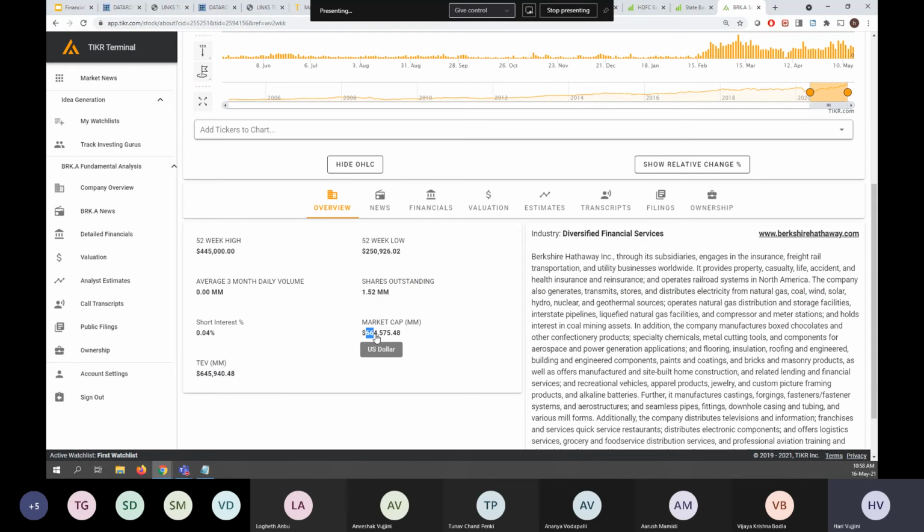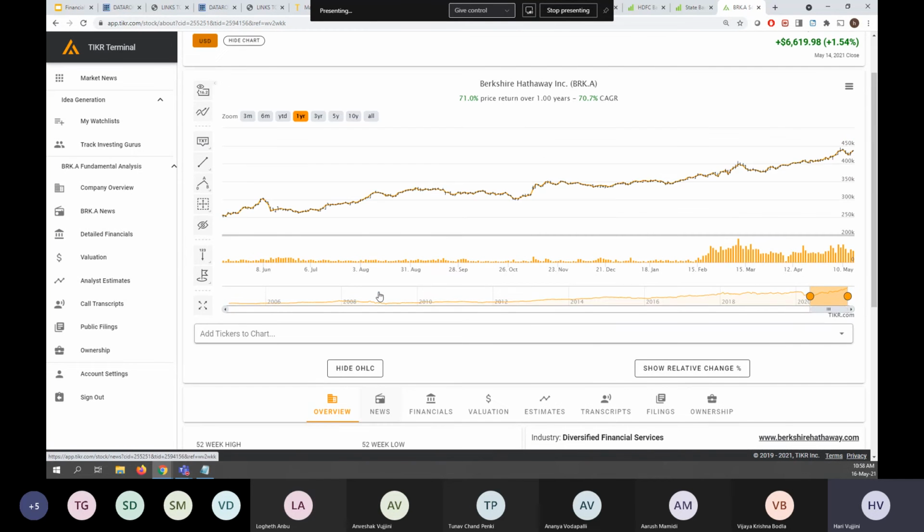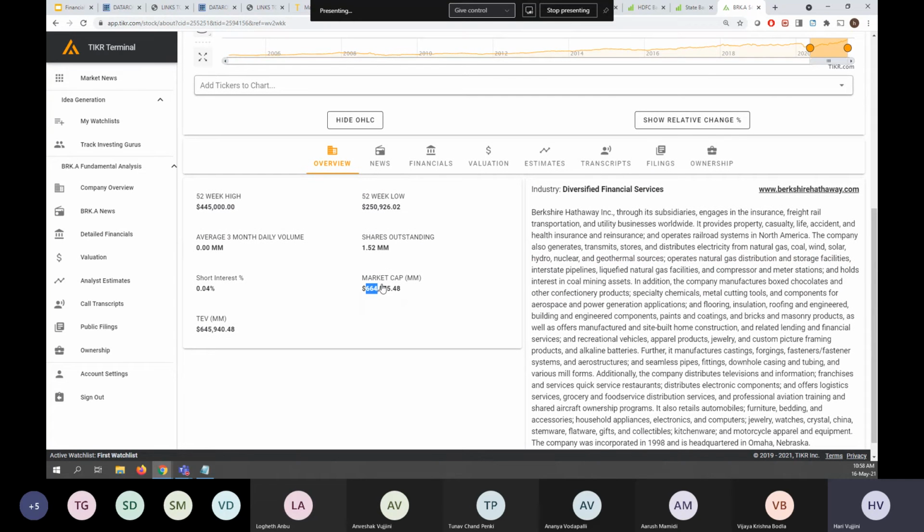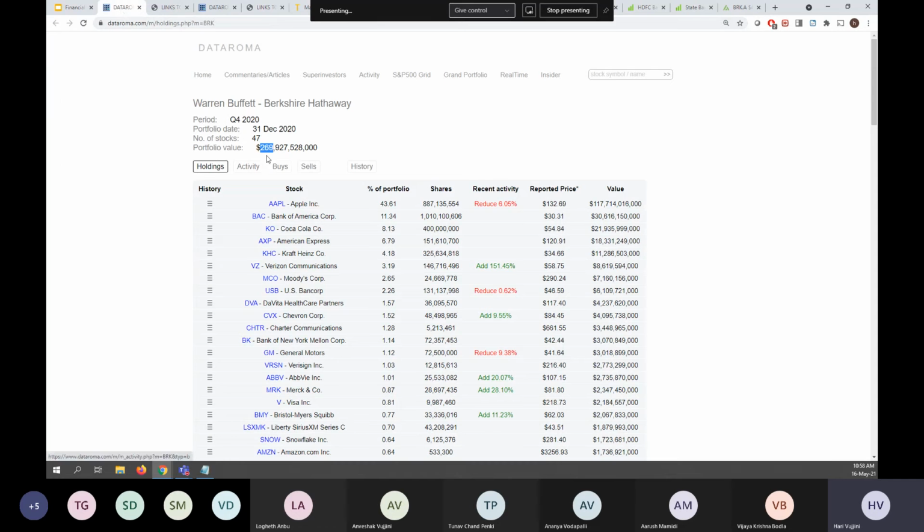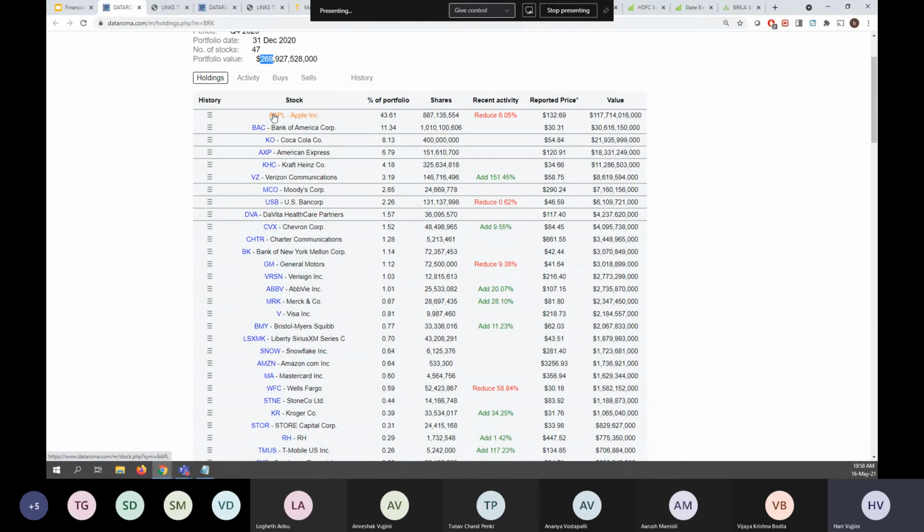So it's $664 billion. That's the market cap of the company. So when you buy this company, basically for $664 billion, you are getting $269 billion as their portfolio. So they invested in many companies over many long years.